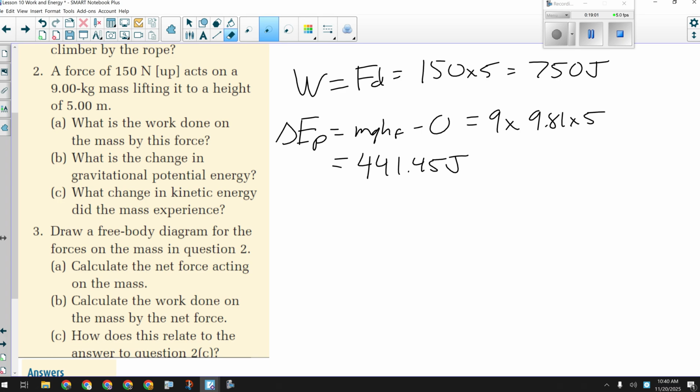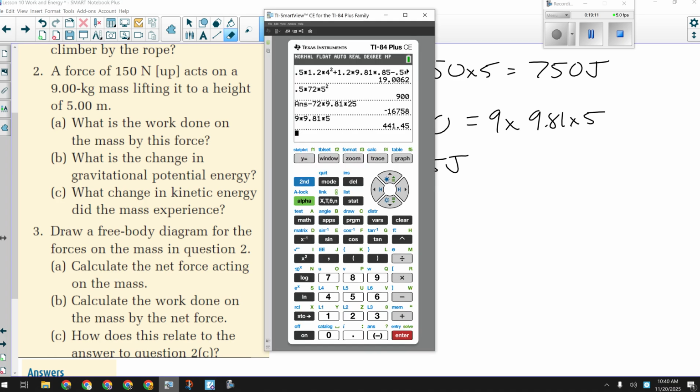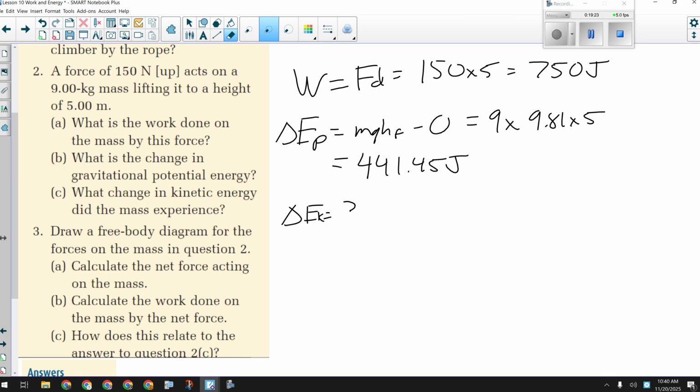Everybody okay with that? All right. So the change in kinetic energy is going to be 750 minus that number, whatever is left. Okay, so there's my change in kinetic energy, 308.55.